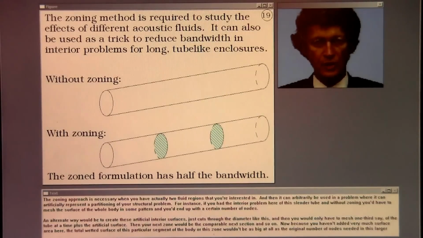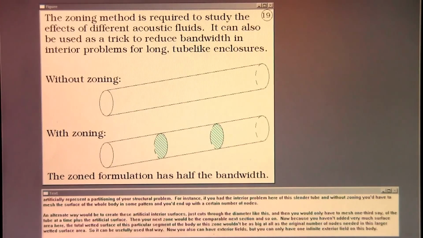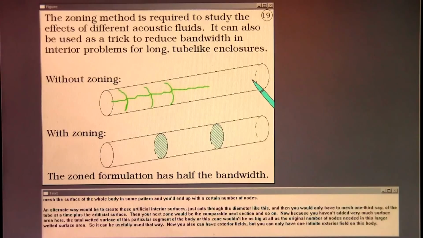The zoning approach is necessary when you have actually two fluid regions that you're interested in, and then it can arbitrarily be used in a problem where it can artificially represent a partitioning of your structural problem. For instance, if you had the interior problem here of this slender tube, without zoning, you'd have to mesh the surface of the whole body in some pattern, and you'd end up with a certain number of nodes. An alternate way would be to create these artificial interior surfaces, just cuts through the diameter like this.